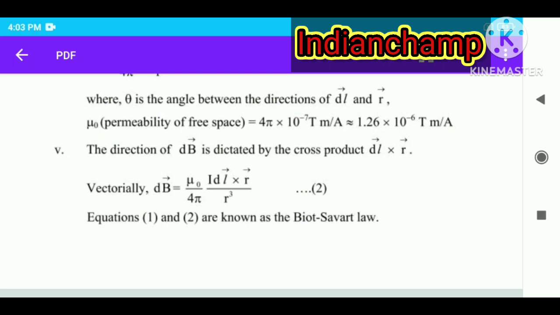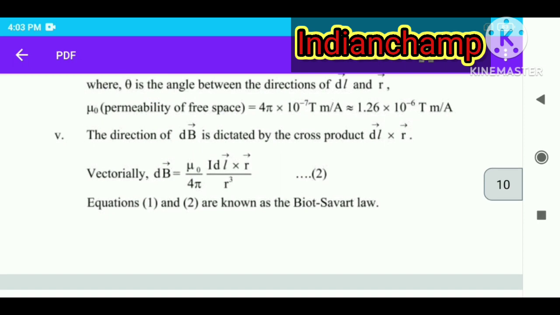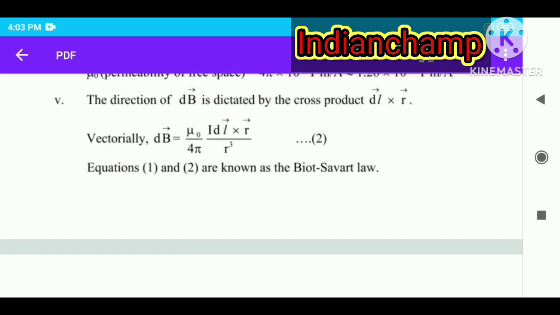Vectorially, dB bar equals mu 0 divided by 4 pi into I dl bar cross r bar divided by r cube. Equation second. Equation first and equation second are known as the Biot-Savart law.